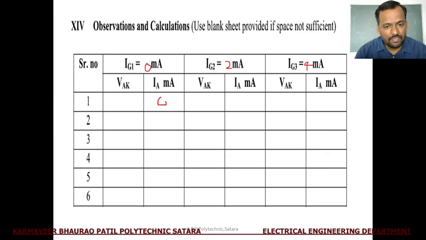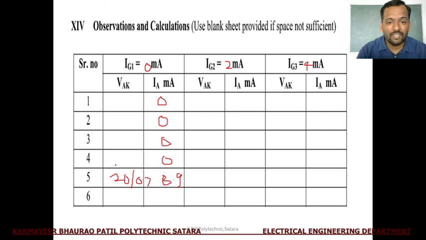This current will be 0, near to 0, or in microampere. If SCR breaks at 20 volt, then current will flow, something like 8.9, and the voltage across SCR becomes 0.7 volt. Likewise, we have to take all the readings of this practical.